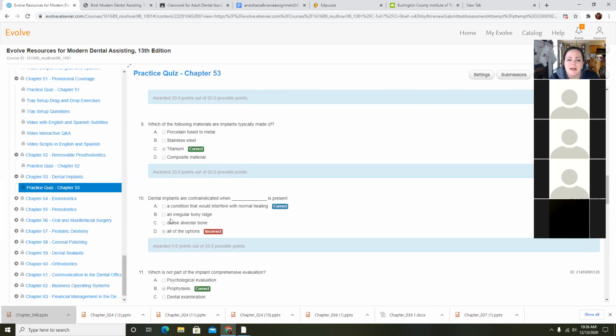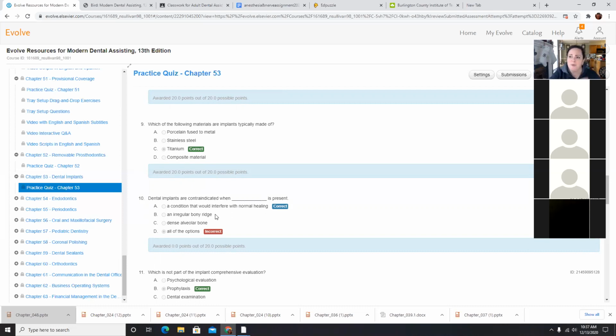Okay. Does an irregular bony ridge matter when you're placing an implant? Are we placing the implant on the ridge? No, we're placing it under, right?